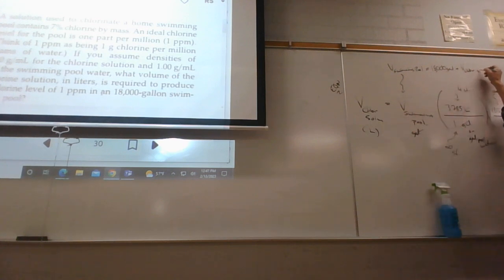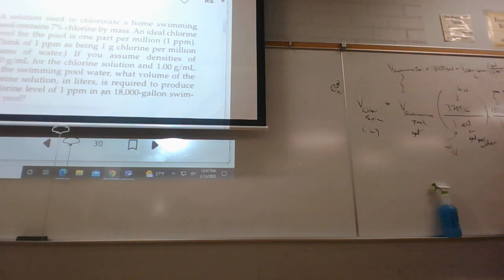And so what I'm going to do is change that to gallons by using this conversion factor: 1 gallon is equivalent to 3.785 liters. Okay, so I'm going to have gallons plus gallons. And so it depends on how many gallons of chlorinating solution I add. The more gallons of chlorinating solution I add, the more volume I'm going to have to chlorinate overall.